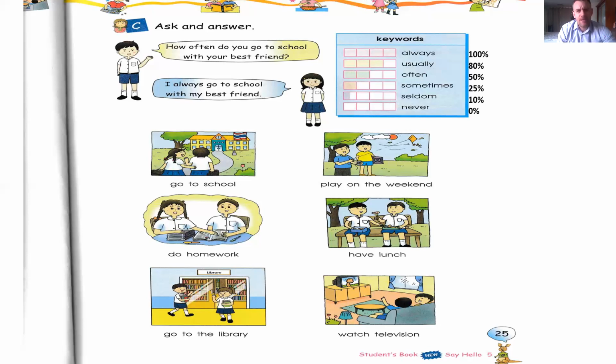But if I must speak about this, I will say I seldom or sometimes watch television because on television I don't watch TV. I prefer playing games and sometimes watching maybe a movie on Netflix. So it's not the same as watching television. It's different. Now continue to learn about adverbs of frequency, and we can go on to the next page now.